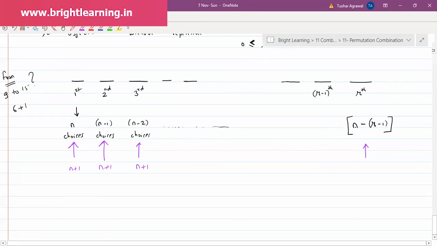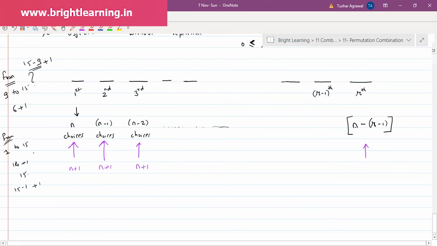So if I ask you the total number of numbers from 1 to 15, you can count it, it is 14 plus 1, so the answer is 15. Yes sir. Here we do 15 minus 9 plus 1, and here we do 15 minus 1 plus 1. For the numbers in between we have to subtract.